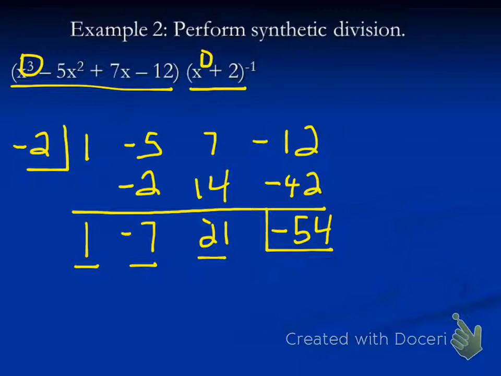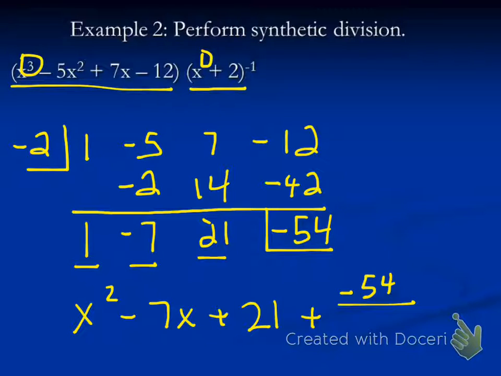It's actually a rational expression because it has a remainder, but this would be 1x squared minus 7x plus 21 plus my remainder, which is -54 over what? x plus 2.